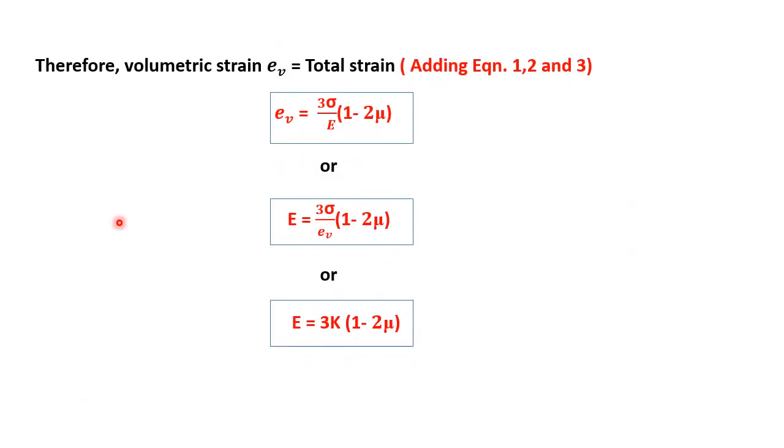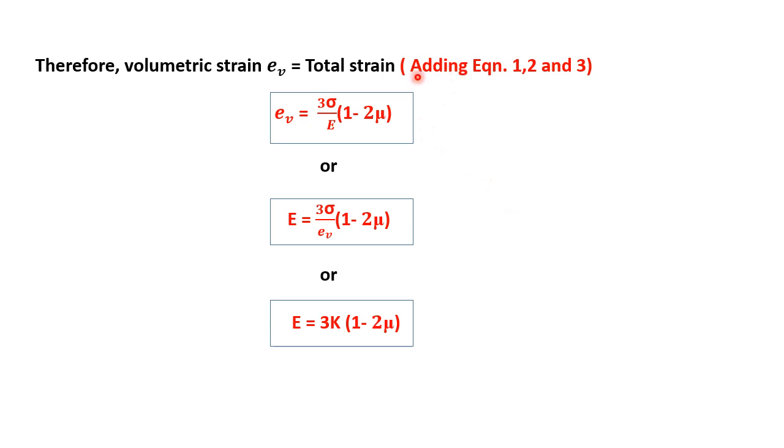Now we know that the volumetric strain, that is e suffix V, is equal to the total strain. Total strain means we have to add all the strains along the x, y and z directions. Equation 1 was for the strain along the x direction, equation 2 for the y direction, and equation 3 for the z direction.